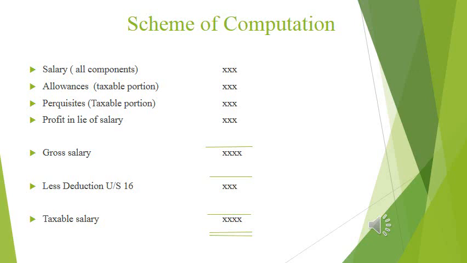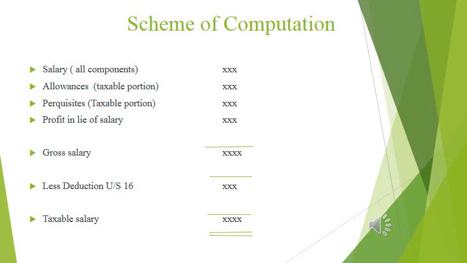So it's a scheme of computation. First we add these four items: salary, allowance, perquisites, profit in lieu of salary. Then we get gross salary. Next we exercise deductions under section 16. As we have discussed, we have three deductions: standard deduction, entertainment allowance if the problem is related to government employees, and professional tax.